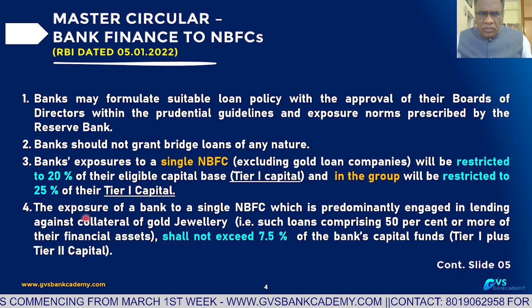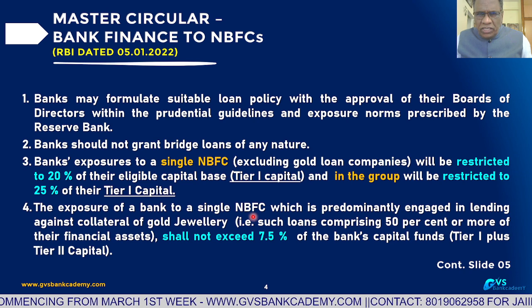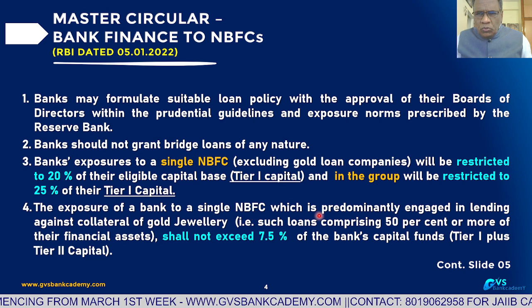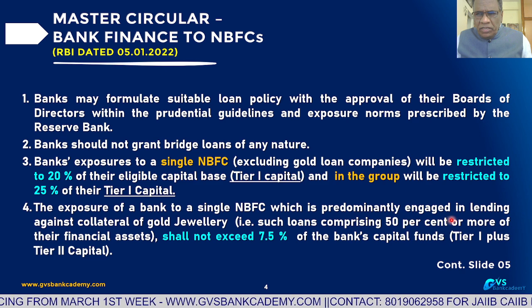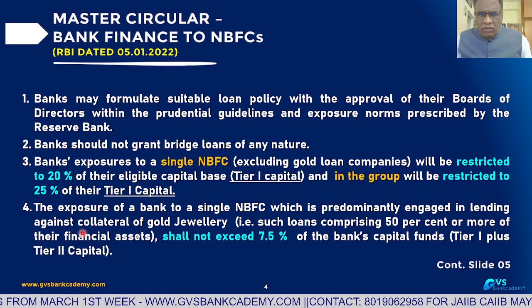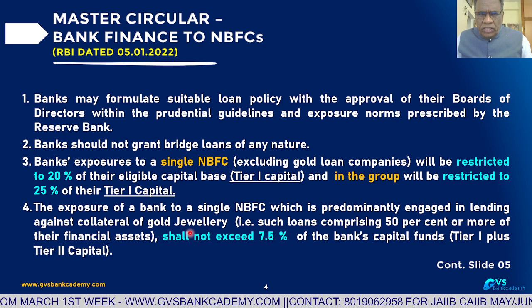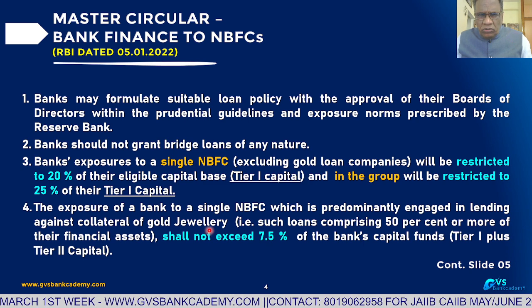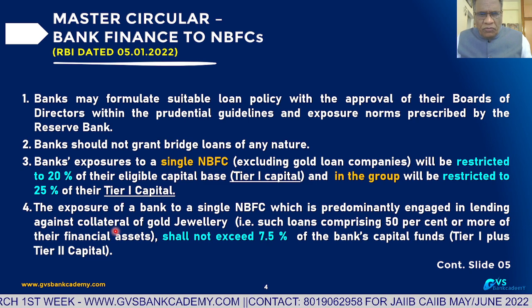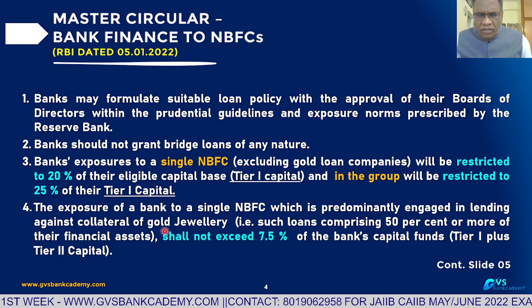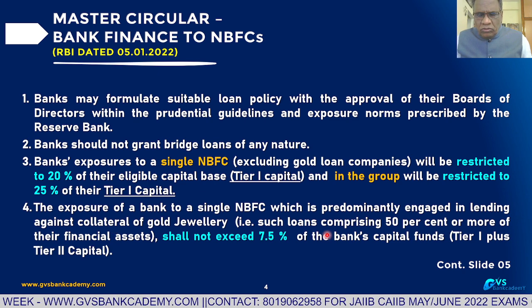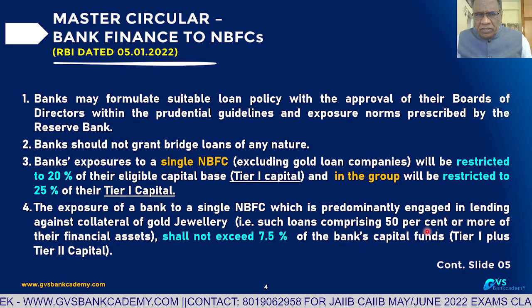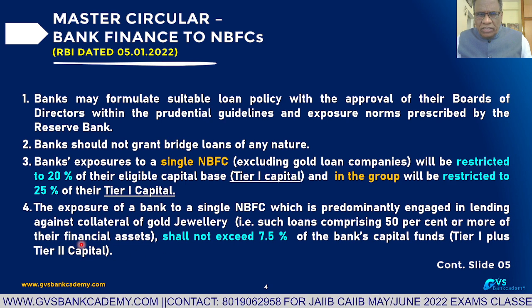Fourth point, the exposure of a bank to a single NBFC which is predominantly engaged in lending against gold jewelry collateral, these gold finance companies, with gold loans comprising 50% or more of their total assets.